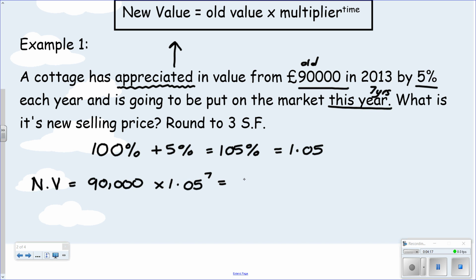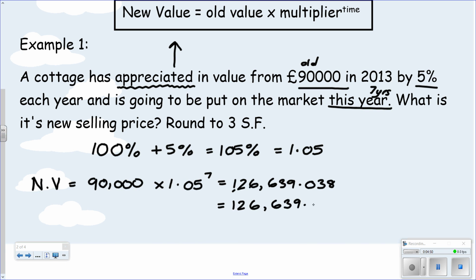So again, using your power button, go straight onto the calculator, type that in, and we get our answer. I'll write down the full thing before I round it. That comes to £126,639.038. Now, I was thinking about money, because it's the value of a house, so I could round that to 2 decimal places.